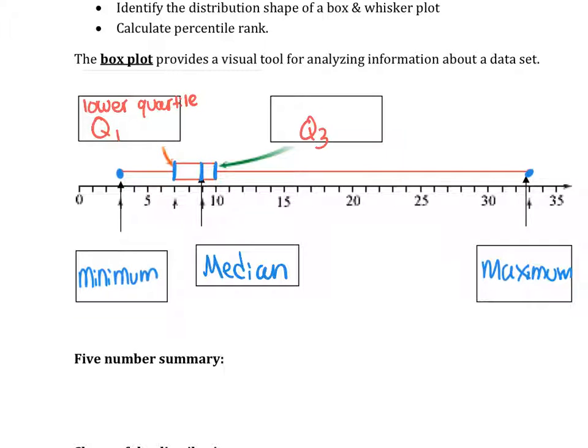And then Q3, or the upper quartile. The median also sometimes is called Q2, but we usually just call it a median. But just so you're aware, sometimes it will be referred to as Q2.